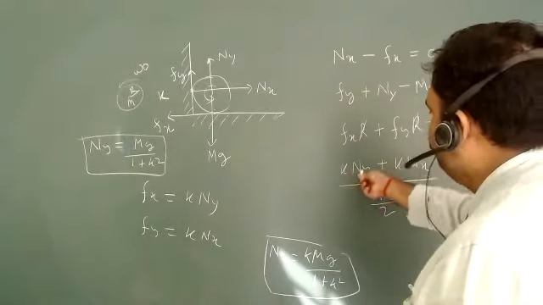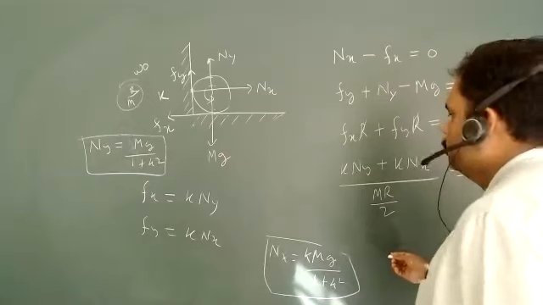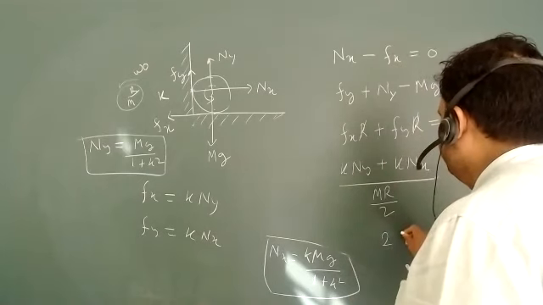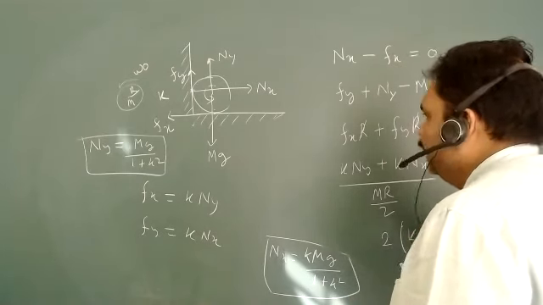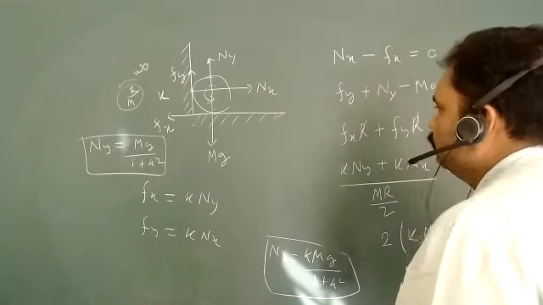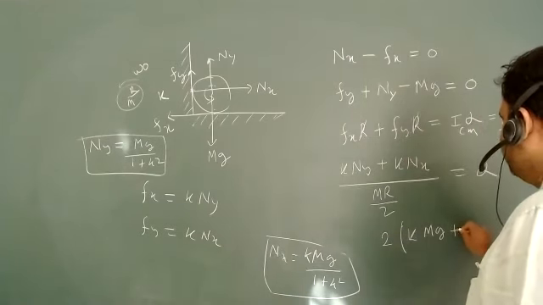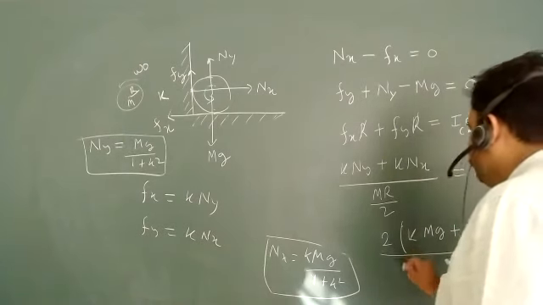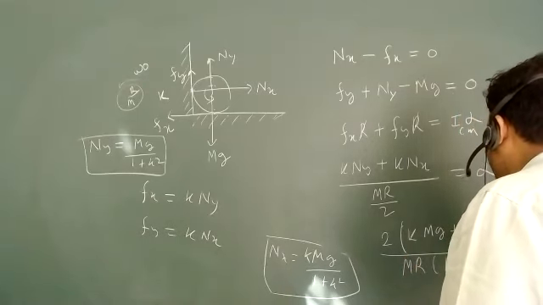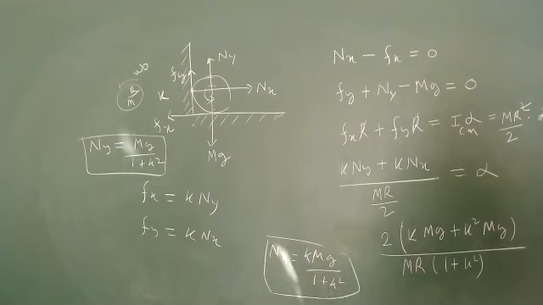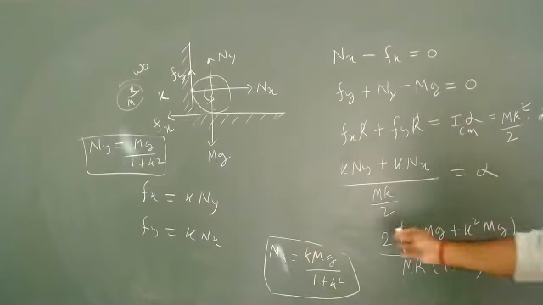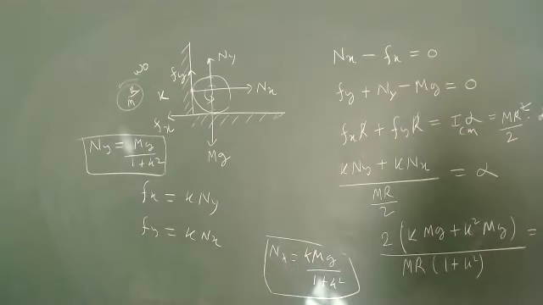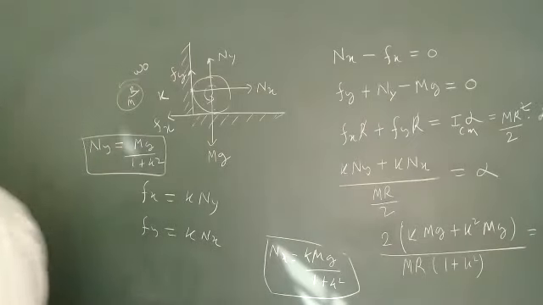Now let us put the value of Ny. What is the value of Ny? So the 2 can go above, and Ny is equal to, so this will be K mg plus K square mg, and here we have mr times 1 plus K square, isn't it? This value is alpha. You can take mg, you can take K, such that it looks a little bit nicer. Is this clear?